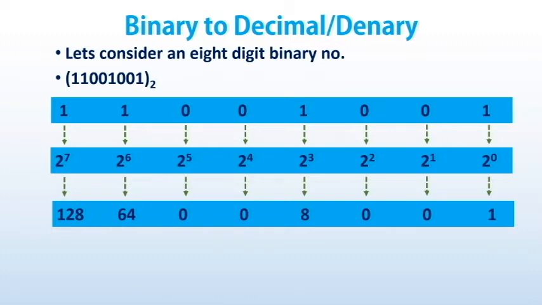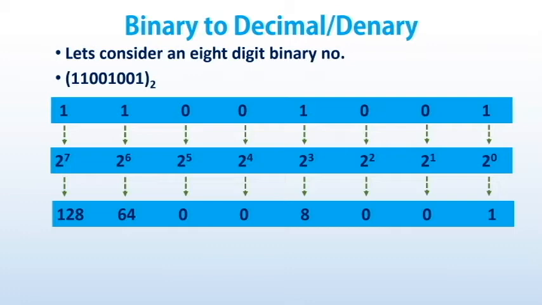So we will multiply the positional headings with the digits. Wherever a 1 occurs in the digit, we will write that value, and wherever a 0 occurs in the digit, we will write 0, because 0 multiplied by anything becomes 0.